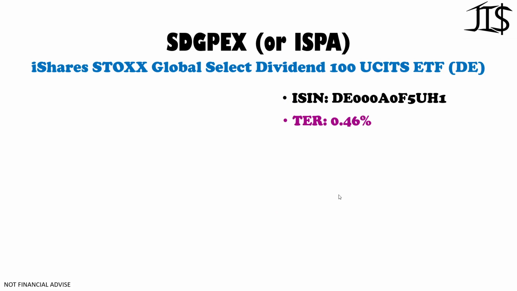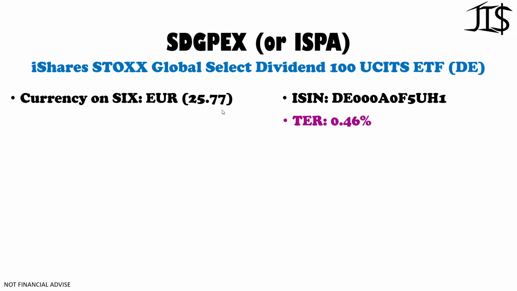SDGPX. Sometimes it will be called ISPA, but I always mention the ISIN code as well on the slide. And the total expense ratio of this one is 0.46%. It's one from BlackRock, so iShares Stocks Global Select Dividend 100 UCITS ETF, and it's from Germany.